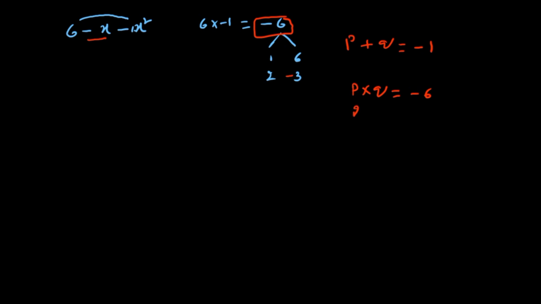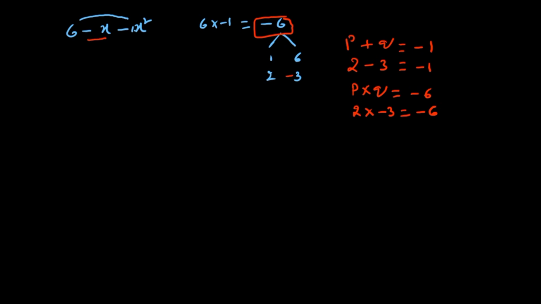Because 2 into -3 is -6. Similarly, 2 plus -3, we get -1. So 2 and -3 are the suitable numbers for this.